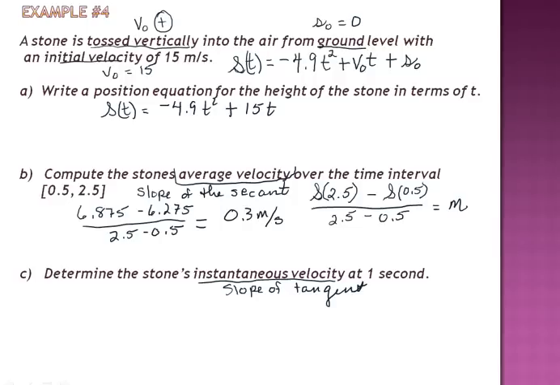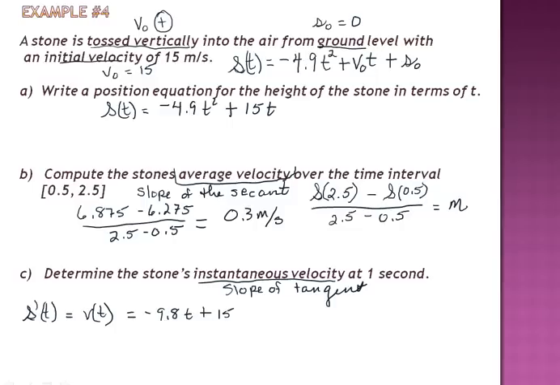So taking my equation, I want to find S prime, because S prime of t is equal to velocity, instantaneous velocity. And so deriving, I get negative 4.9 times 2, because I'm dropping my exponent, I get negative 9.8 t plus 15 t, t to the 1, 1 times 15, 15, and t to the 1 minus 1, 0, t to the 0 is 1.